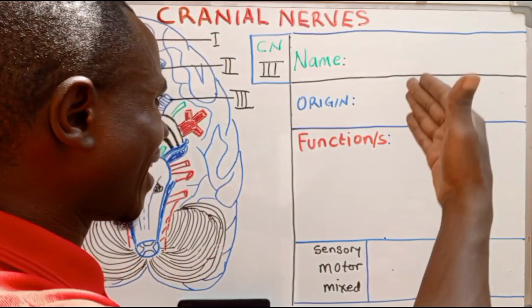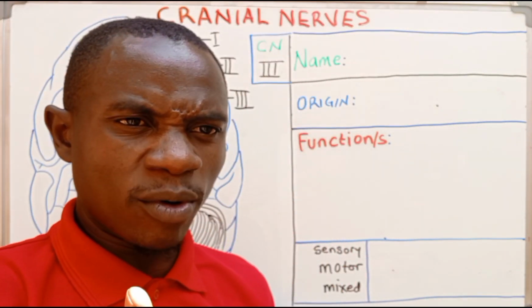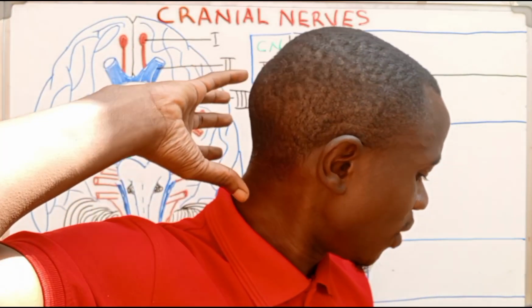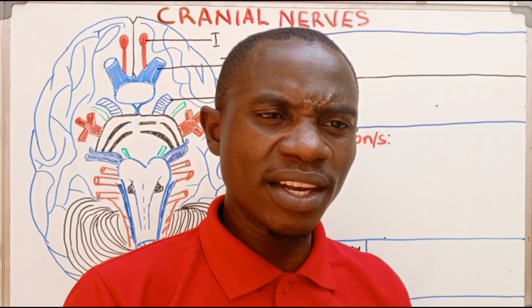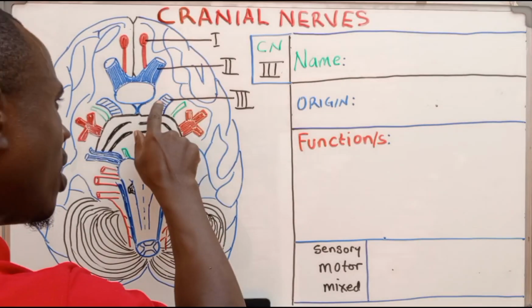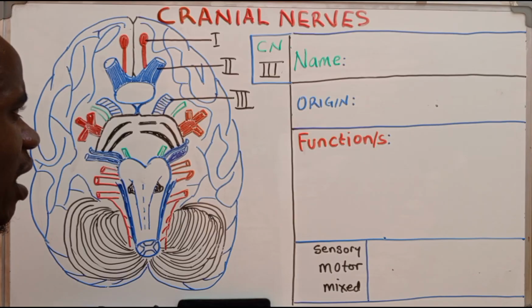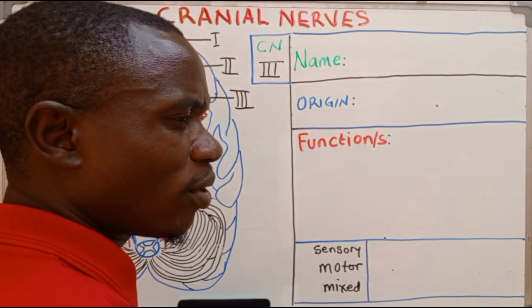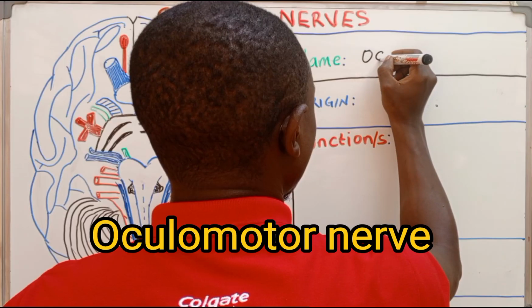If we look at the lateral view of the midbrain, you will see two bulbar structures called the colliculi, the superior and the inferior. At the level of the superior colliculi is where we have this cranial nerve exiting. How do we call the third cranial nerve? The third cranial nerve is what we call oculomotor.